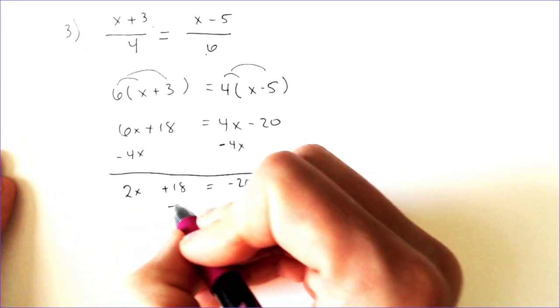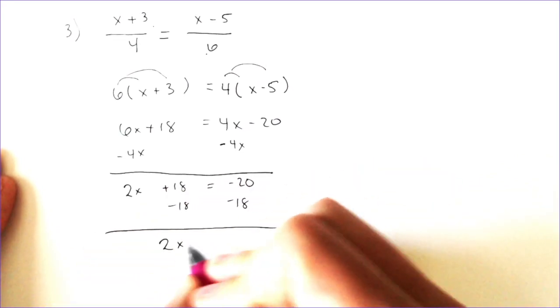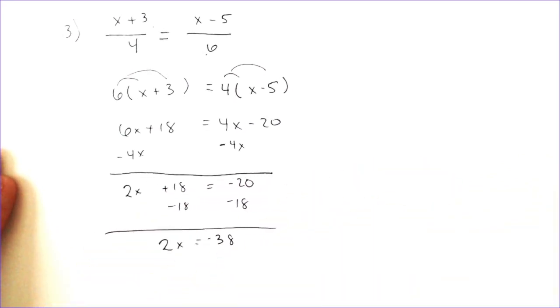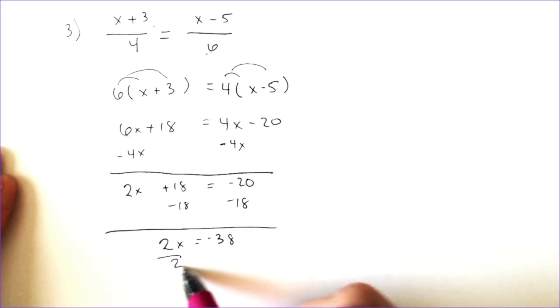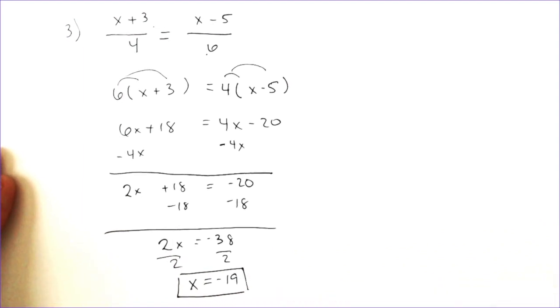We're going to subtract 18, and we're going to get 2x is equal to negative 38. And when we divide by 2, x would equal negative 19. Okay?